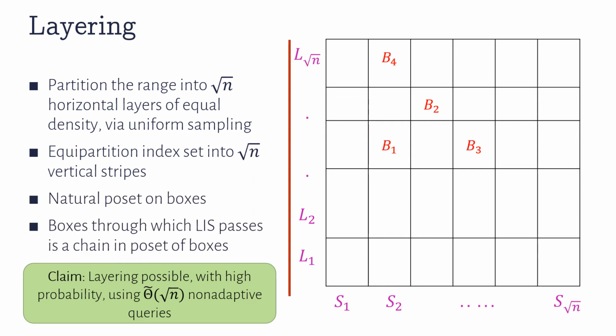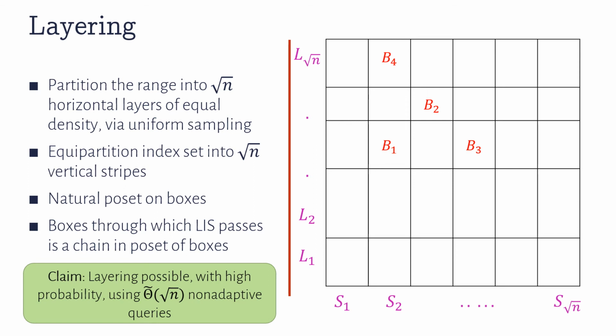Now, such a layering defines several boxes in the grid. It partitions the grid into small boxes, and there is a natural poset on the boxes. Specifically here, the box B1 is comparable to and less than or equal to B2. B1 is less than or equal to B3.